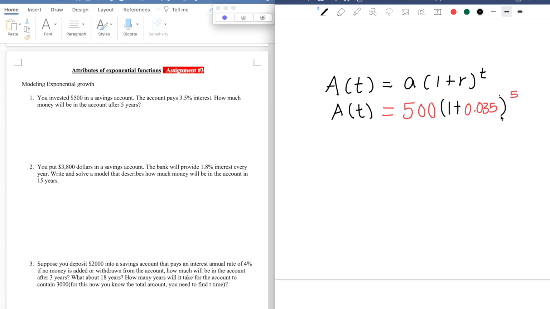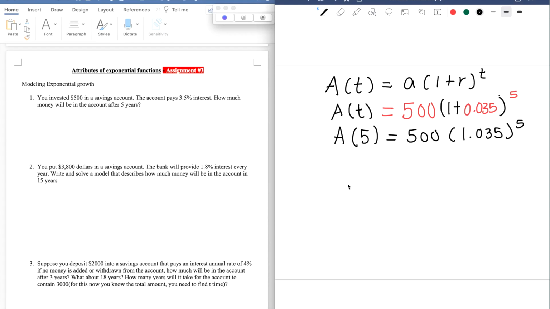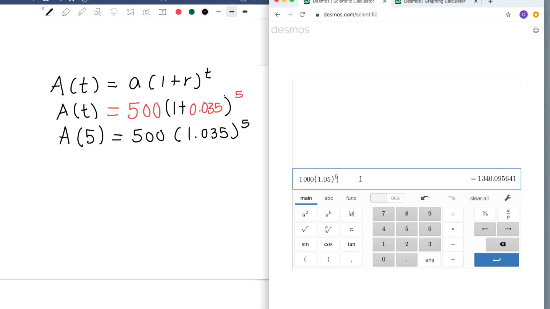Okay, now all we're going to do is calculate everything. Again, this t is the same t, just to keep track of time. So after 5 years, just use decimals: 500 times 1.035 to the power of 5.